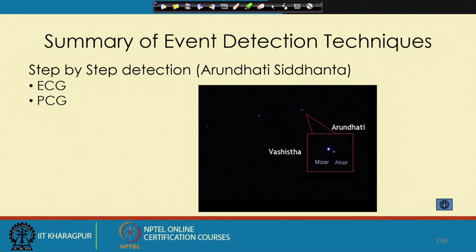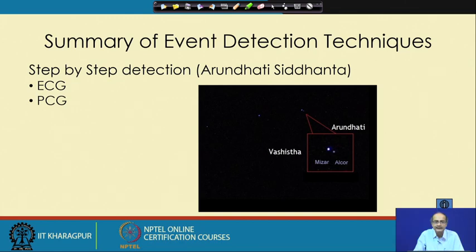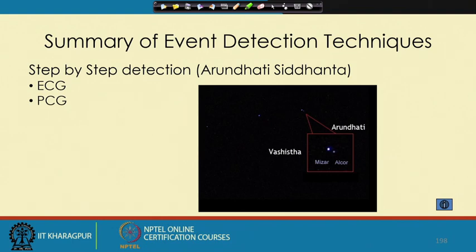From there the Indian logic system experts have given the name Arundhati Siddhanta: when you cannot directly detect or find something, you go first through a strong reference, and once that reference is established, with respect to that you can find the weak phenomena. If you look at our approaches here, we are following that technique without taking that name.